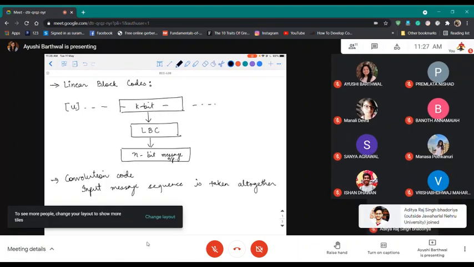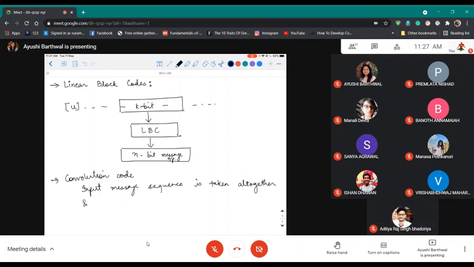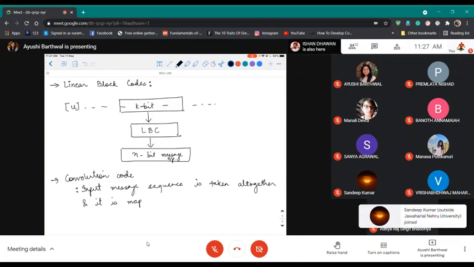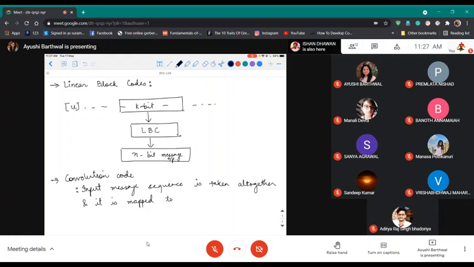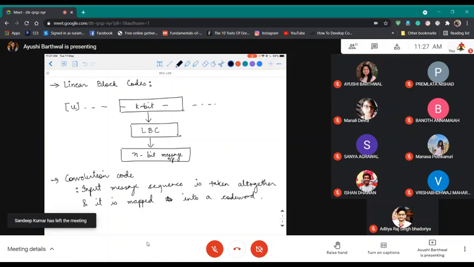So in convolution code, the whole input message is taken all together and mapped into a code word. So this is the first prime difference between linear block codes and convolution codes.